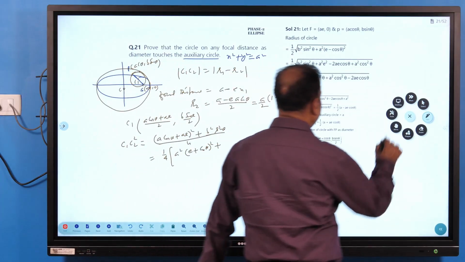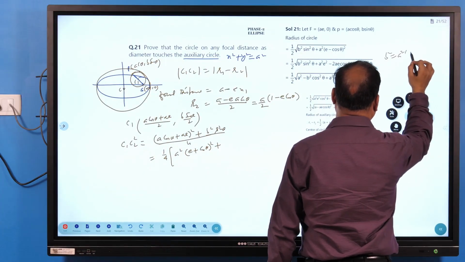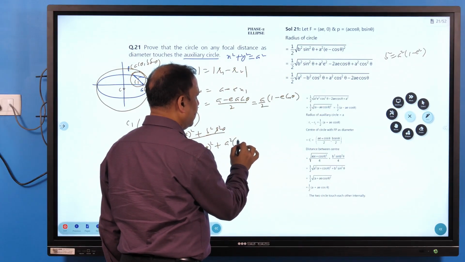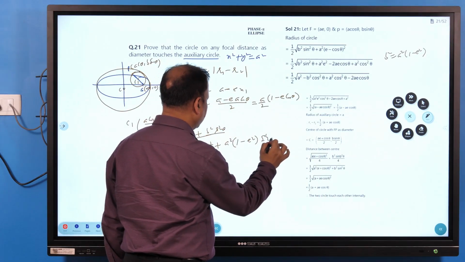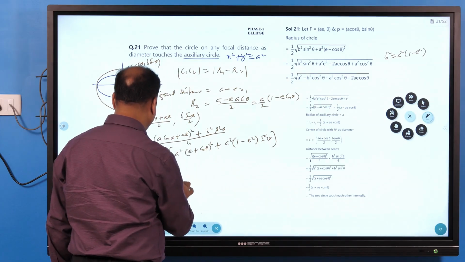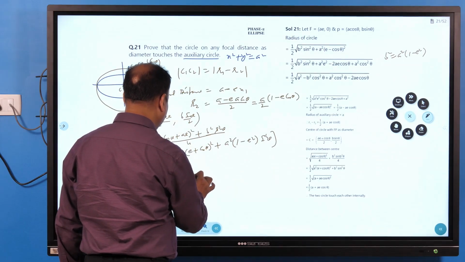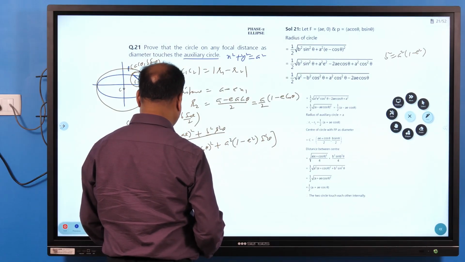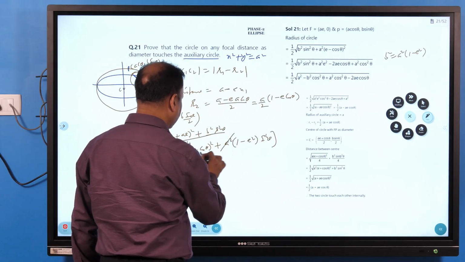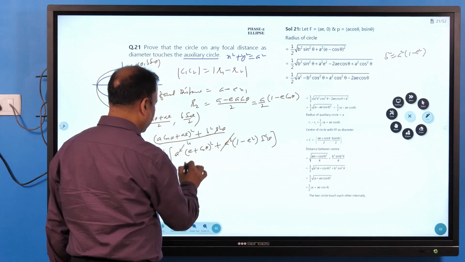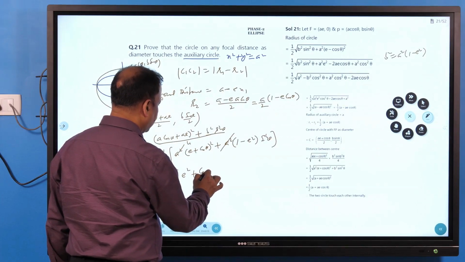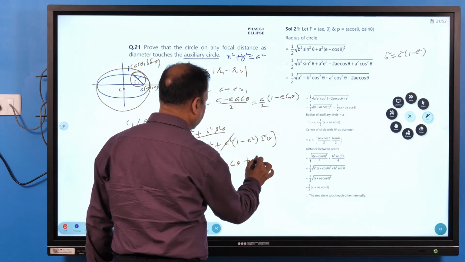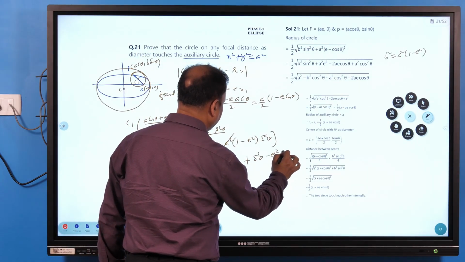Now we can replace B square with A square into 1 minus E square. So A square into 1 minus E square sin square theta. This will be 1 upon 4 A square E square plus A square. I can take A square common outside, that is better. So it is E square plus cos square theta plus 2E cos theta plus sin square theta minus E square sin square theta.